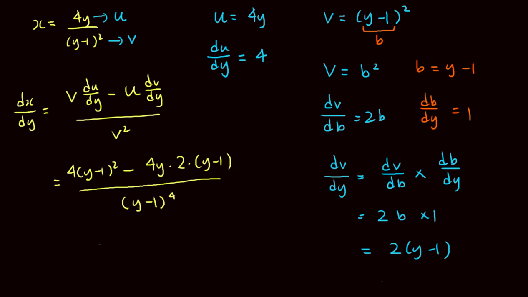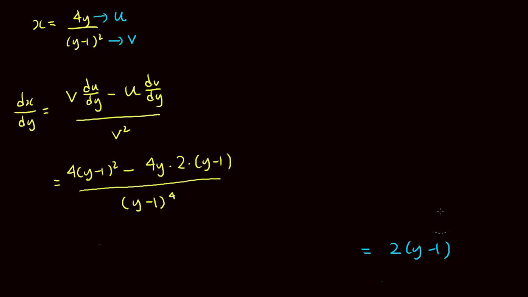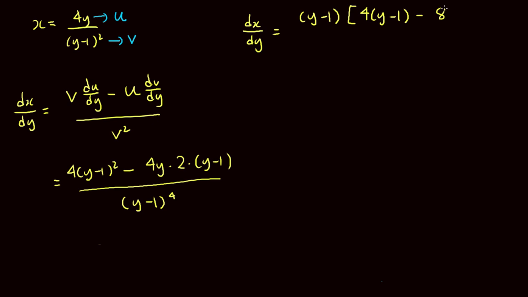With that aside, I'm going to erase this part so we can simplify as much as possible. Going back, for dx/dy, I'll take out the factor (y minus 1). We simplify, and we're left with 4(y minus 1) minus 8y, over (y minus 1) to the power of 4.